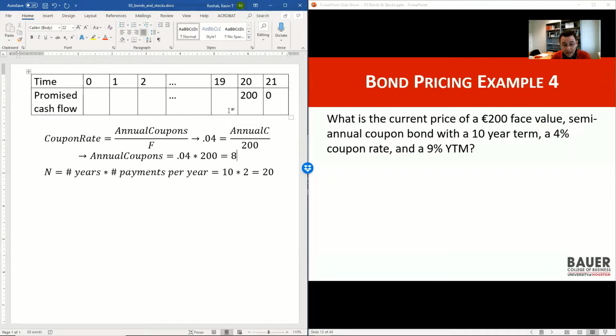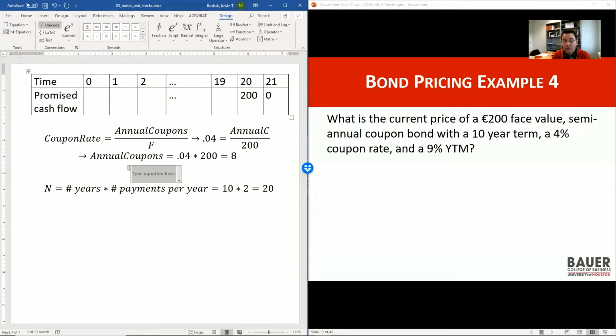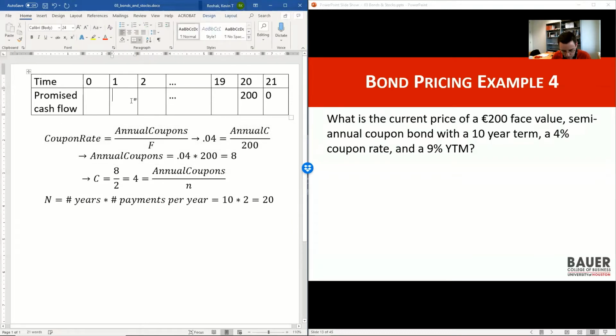Now that's annually. These coupons are paid twice per year. So therefore, the size of each coupon is 8 divided by 2. Remember, so that's 4. How did we get that? That was the annual coupons divided by the number of payments per year. You're going to pay twice per year. So we're getting these little 4 euro payments every period from time 1 up to time 20.